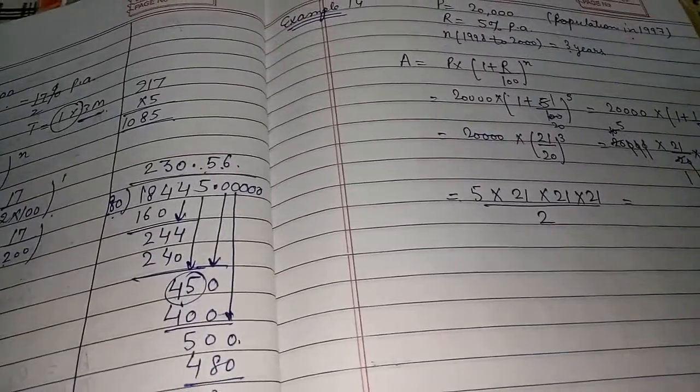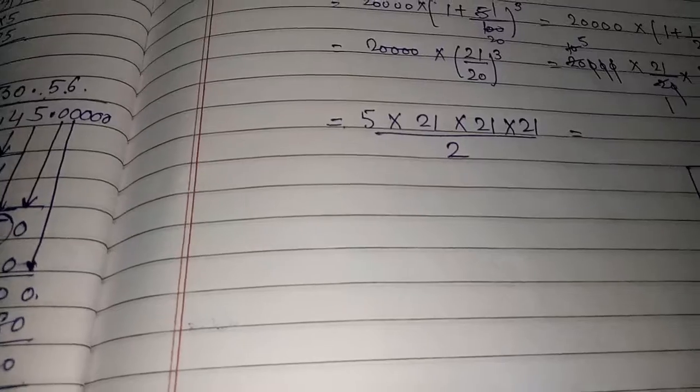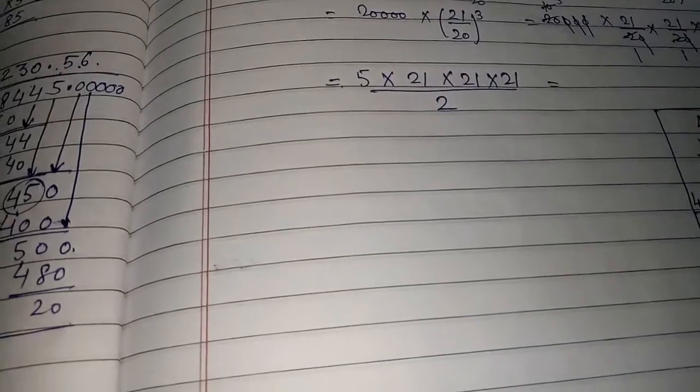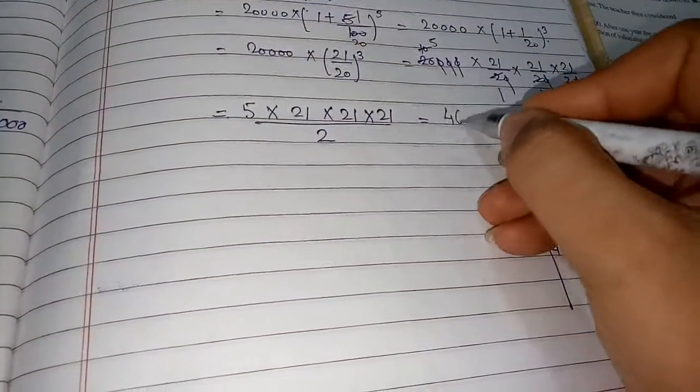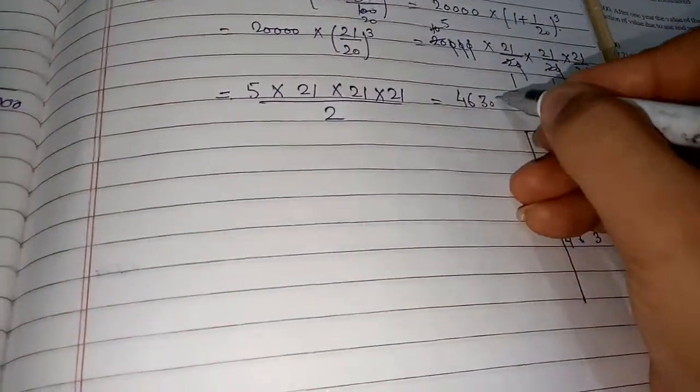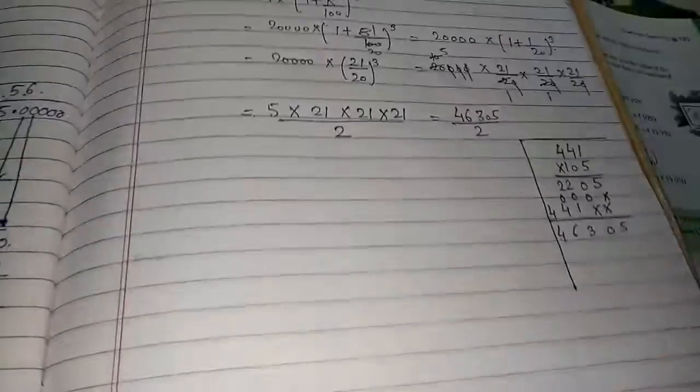When we multiply these factors, we shall get 46,305 divided by 2.